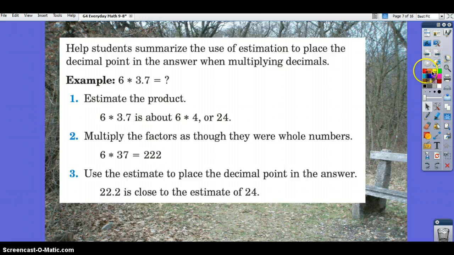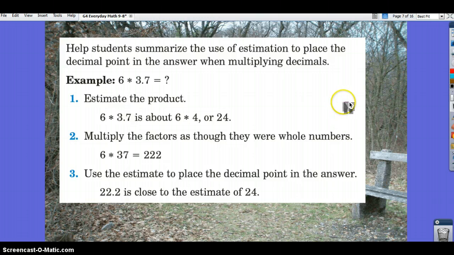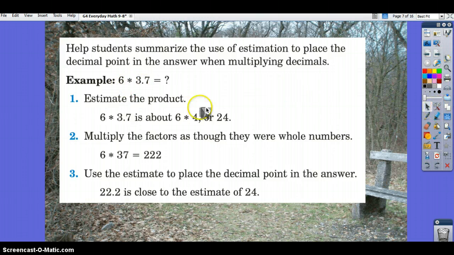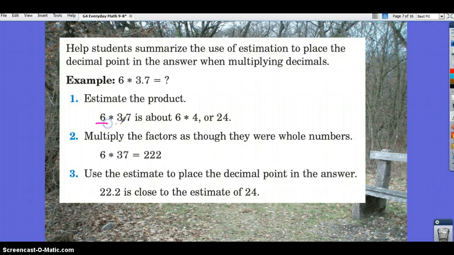So to summarize the use of estimation to place the decimal point in the answer when multiplying, again, we look at 6 times 3.7. Well, again, 6 is 6, and 3.7 is about 4, because this number is almost 4. So 6 times 4, my answer would be 24. We multiply the factors as though they were whole numbers.